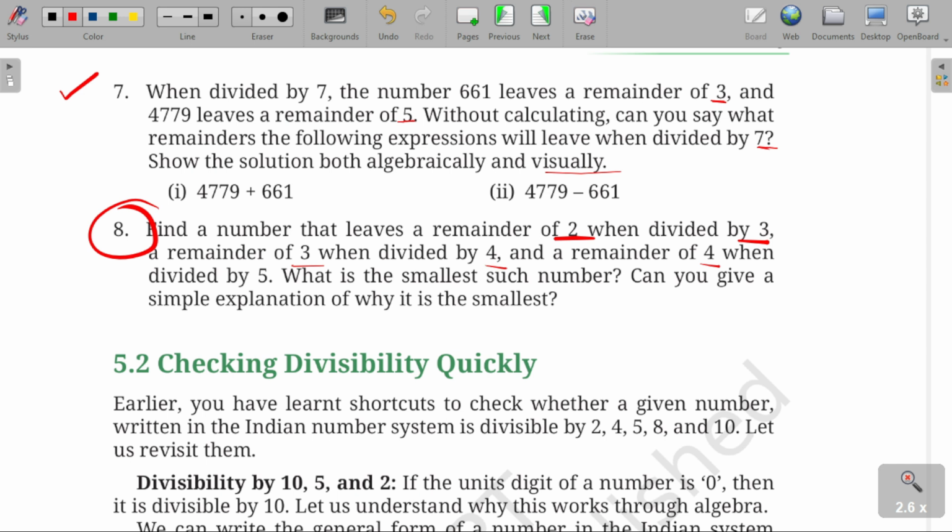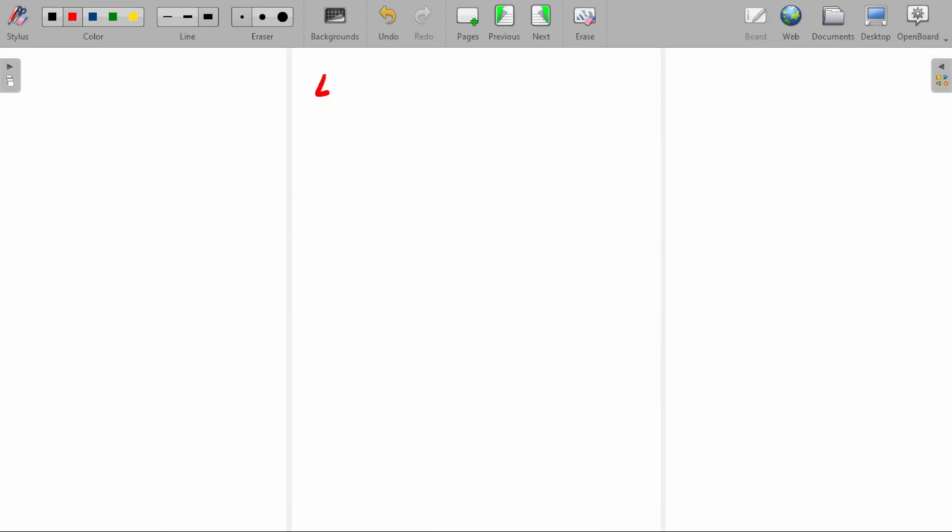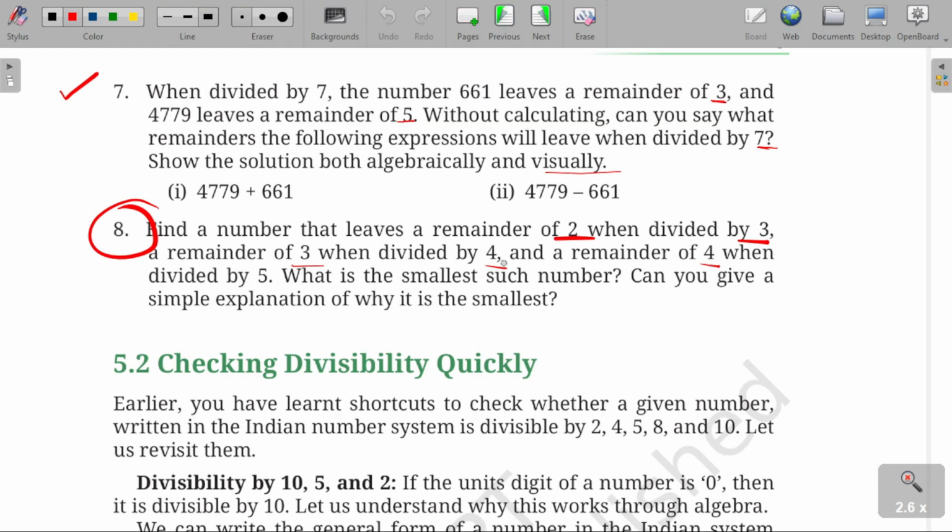So the easiest way is to firstly find out the LCM. LCM of what? LCM of 3, 4, and 5.